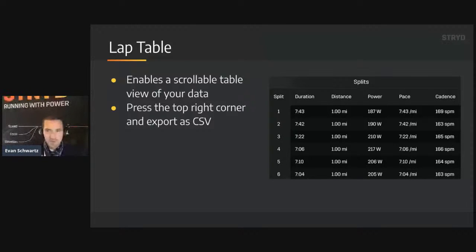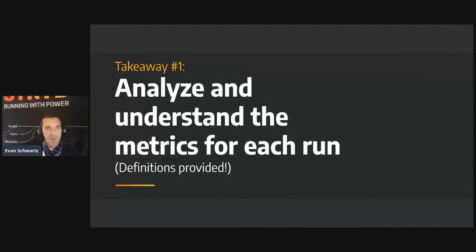You can view your distance, power, pace, cadence. You can choose all the metrics on here. And then the other thing is in the top right corner here, we have the three blue dots. You can press that to export it as a CSV if you would like, directly from the app. This was a feature we had requested for quite a while, but you can absolutely do that from the table view of your data.